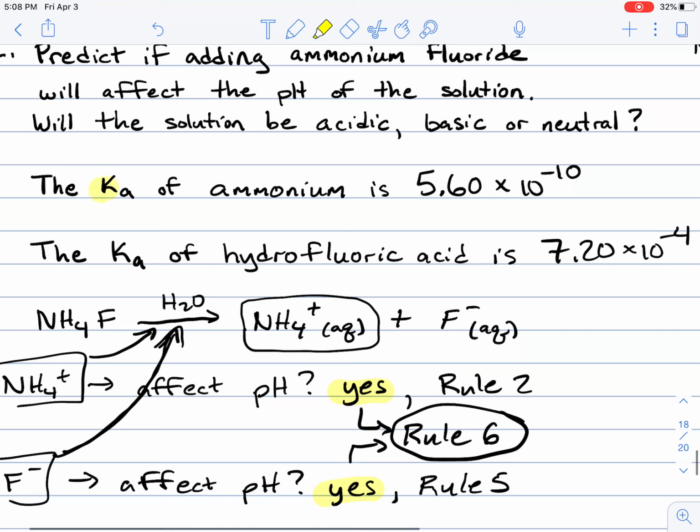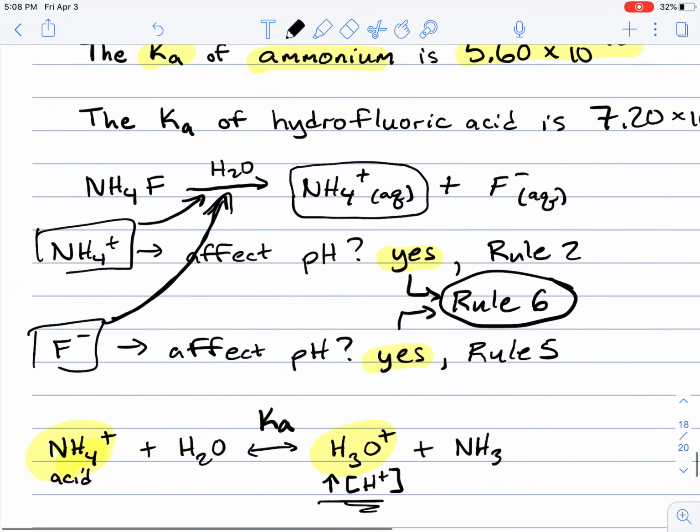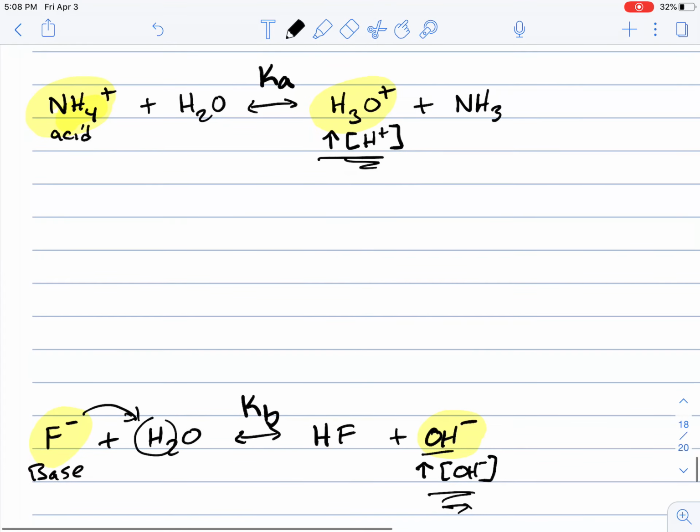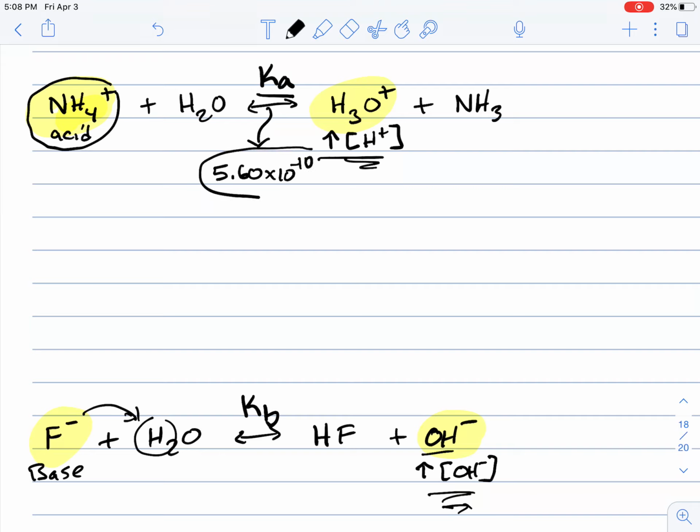It told us that the Ka of ammonium is 5.60 times 10 to the negative 10. Ammonium is NH4 plus. If you look at the first equation that we wrote, we have NH4 plus in our reactant, and the Ka value, according to the given, is going to be 5.60 times 10 to the negative 10. So this is the relative strength of ammonium as an acid.